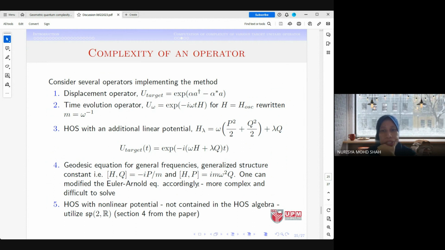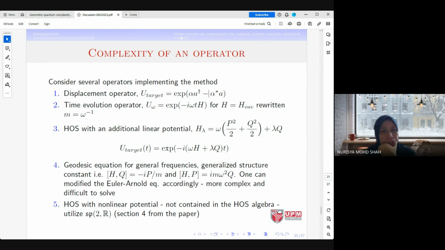But in this case, it is more complex and difficult to solve because you cannot decouple the Euler-Arnold equations. This is also given in page 18.